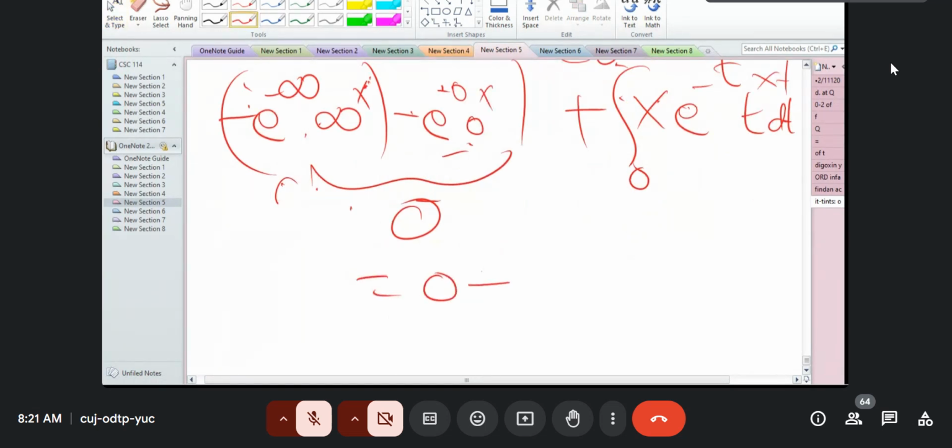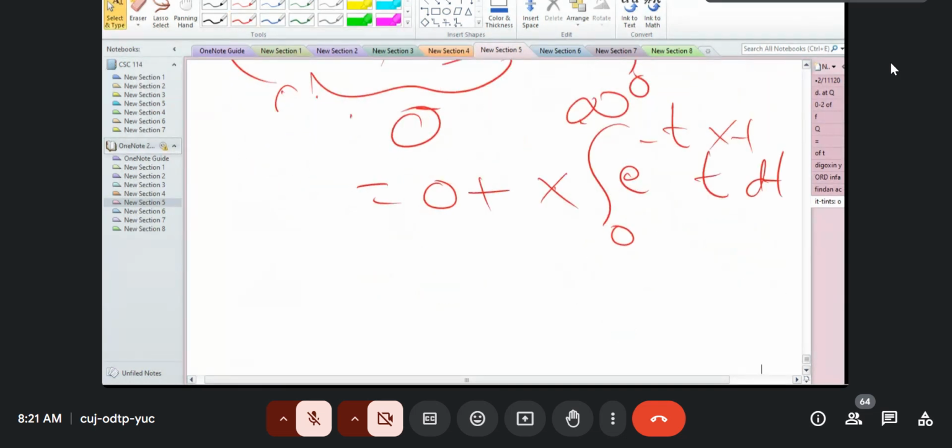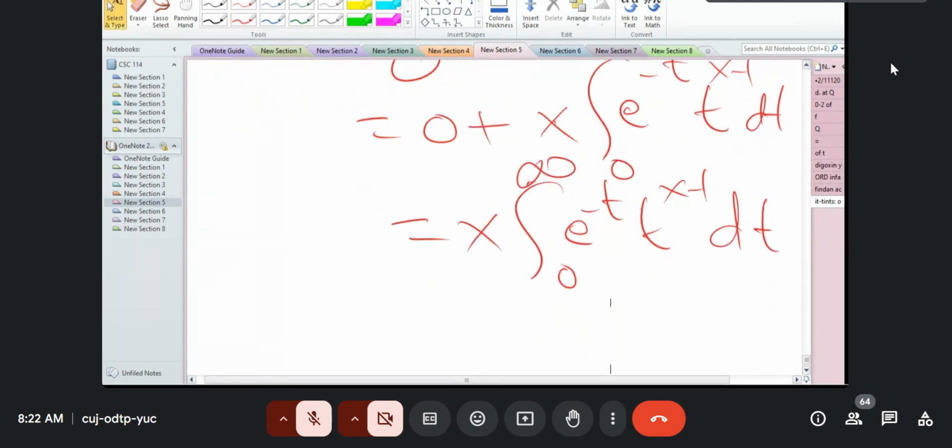So this is 0 plus, factor out x as a constant, integrate between 0 and infinity, e to minus t, t to the x minus 1 dt. This is just equal to x times the integral from 0 to infinity of e to minus t, t to the x minus 1 dt. But what is this integral?